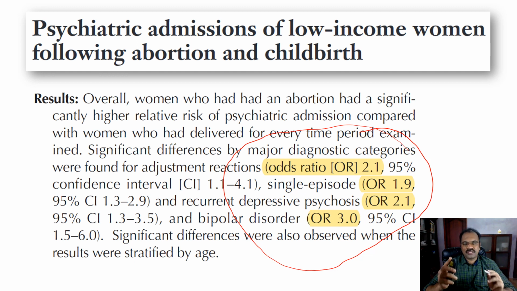You have to study their roles also. Then you have to statistically adjust for the roles of the confounding factors. Only then can you say that your variable, in this case abortion, confers this degree of risk for development of this particular outcome.